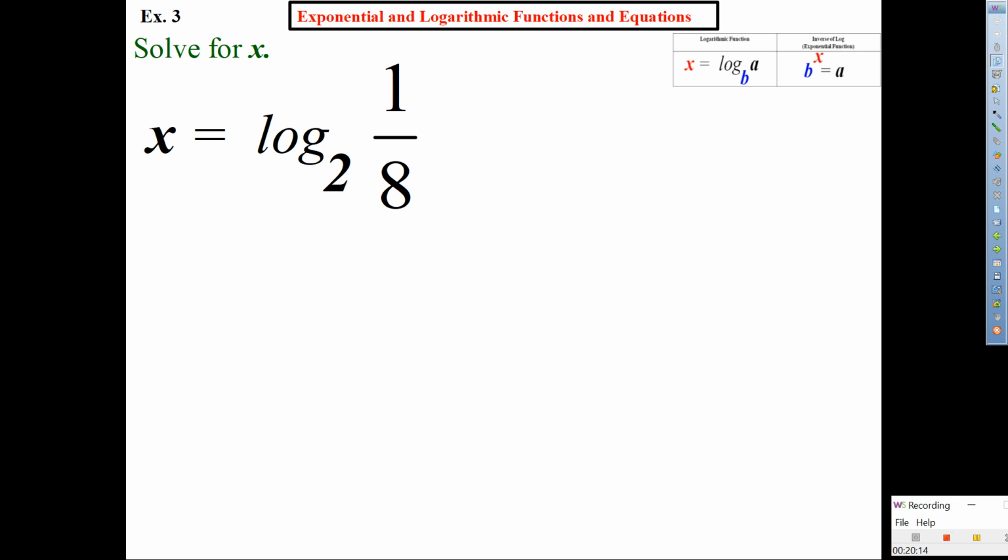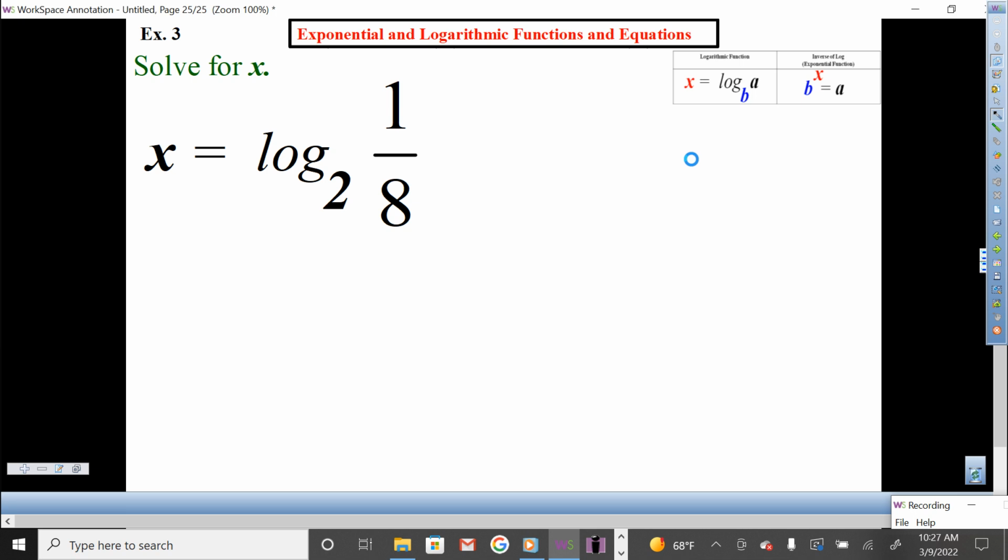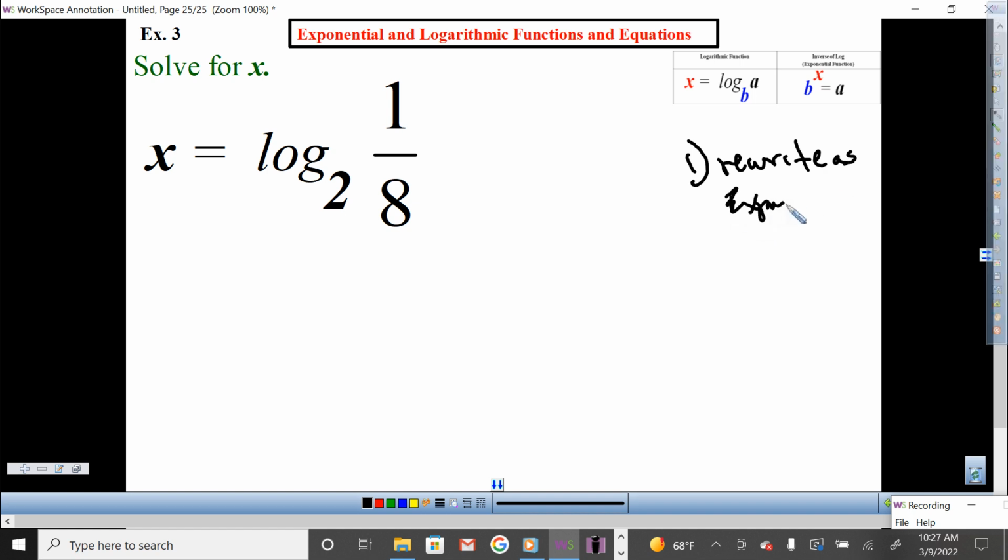Okay. Here we go. Step 1. I'm going to write step 1 over here. Rewrite as exponential. Do you know how to do that for this, guys? Let's see.